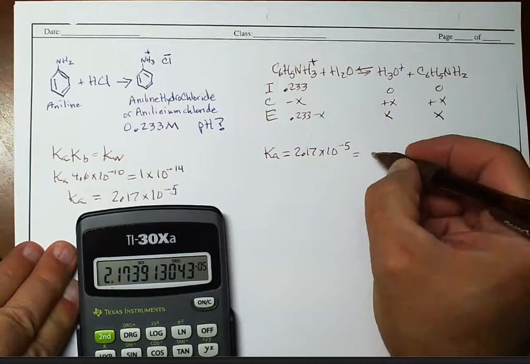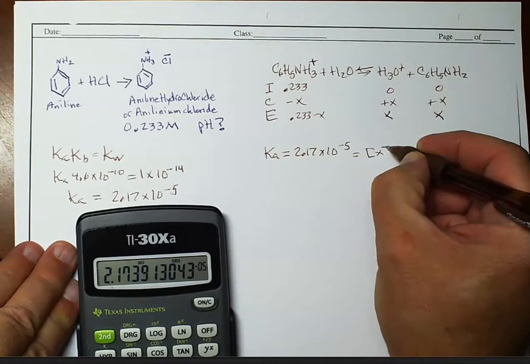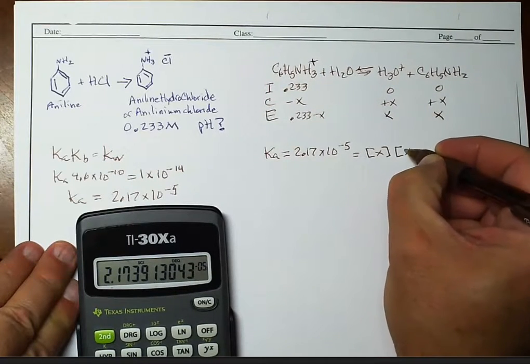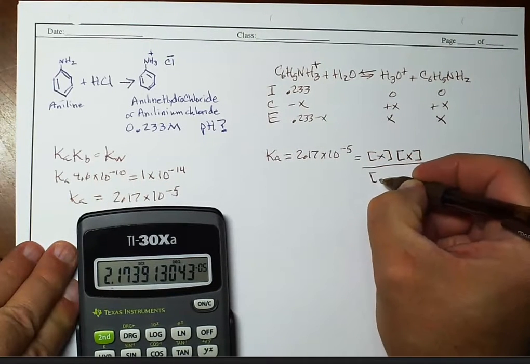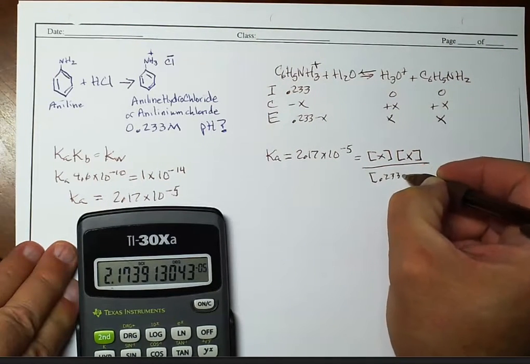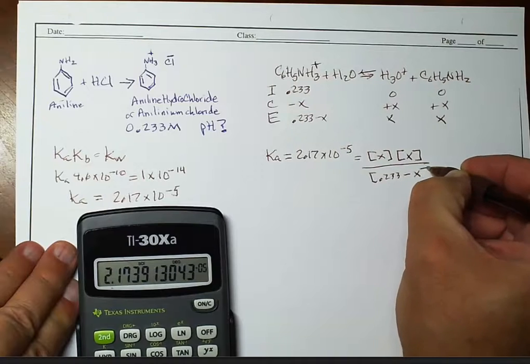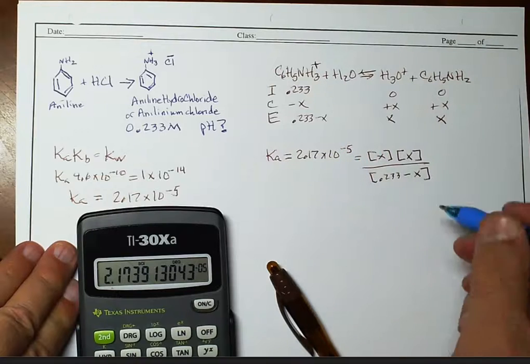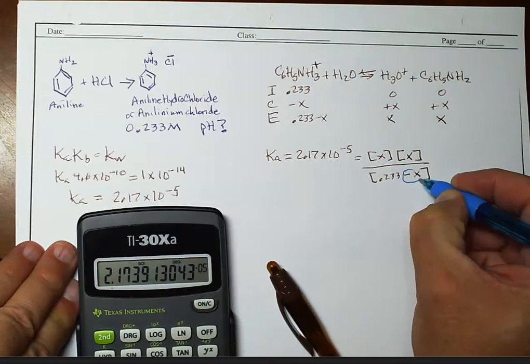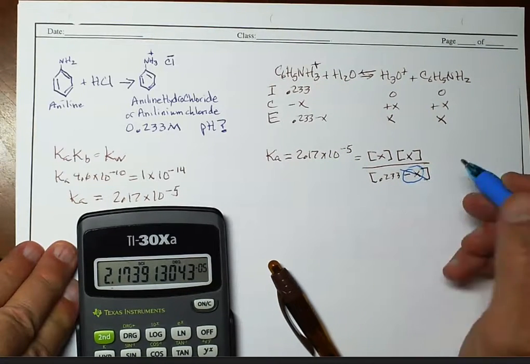And it's going to equal X of hydronium times X of aniline over 0.233 minus X of anilinium. And since this number is pretty small, we should be safe to disregard the X in the denominator.